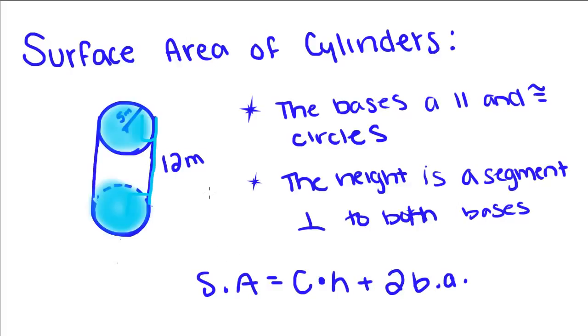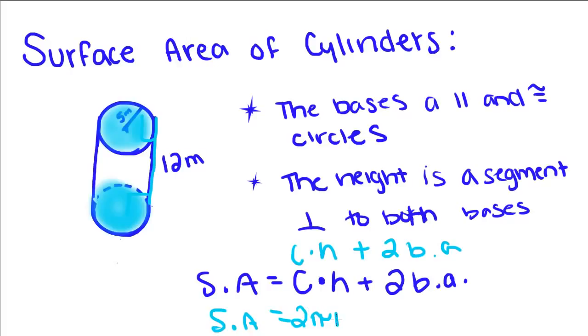So to find the surface area of a cylinder, we take circumference times height plus 2 times the base area of these circles. So we're going to write this a little different way by filling in some things. First, circumference is equal to 2 pi r.